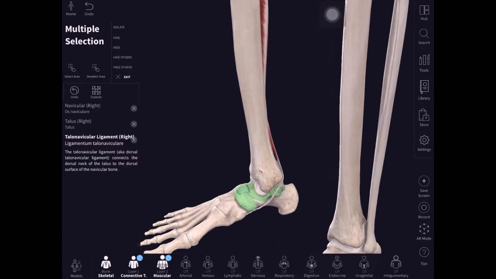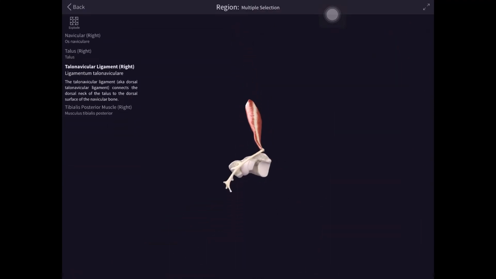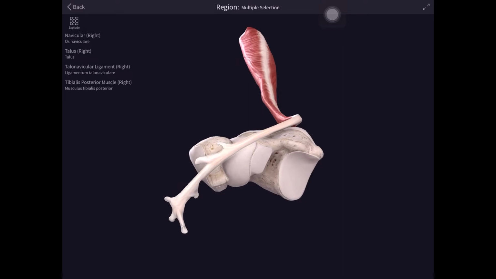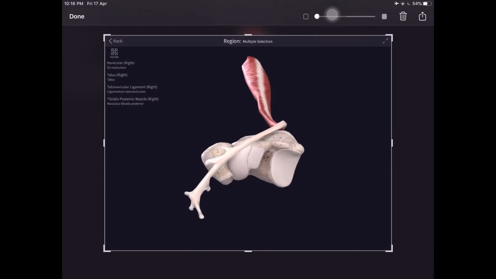So what I can do, I will select this and then isolate this. Now get the idea. So tibialis posterior is going all the way and it is forming a groove. You see it is passing through the groove. So that's a groove. The medial part is a groove. This is tibialis posterior and here is the tendon of the tibialis posterior. It is passing through the groove present on the medial side.